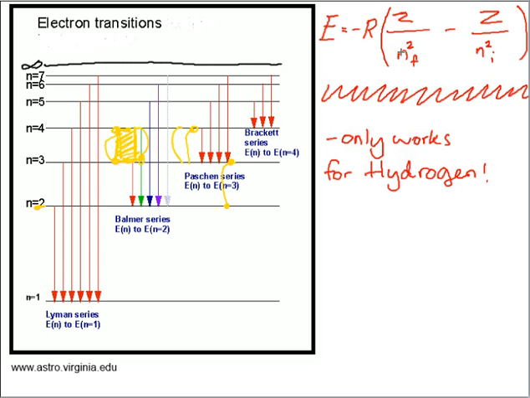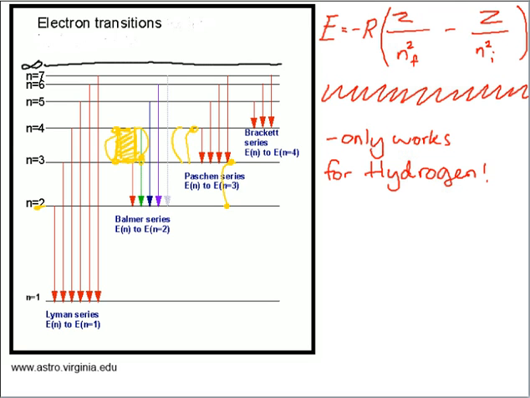So this would be 3, and that would be 2. And don't forget that you have to square it. You put your nuclear charge up there, but this equation actually only works for hydrogen, so it's always going to be 1 at the top, so that doesn't really matter. Don't worry about the nuclear charge.